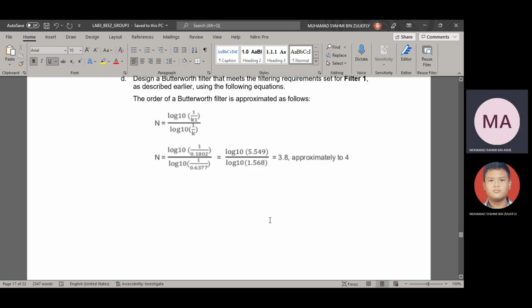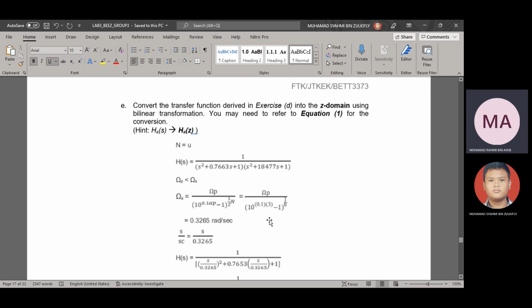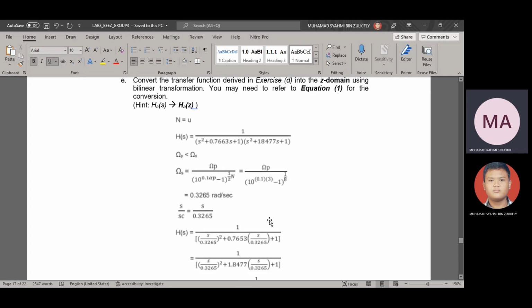Okay, for E, convert the transfer function derived in exercise D into the Z domain using linear transformation. You may need to refer to equation 1 for the conversion.